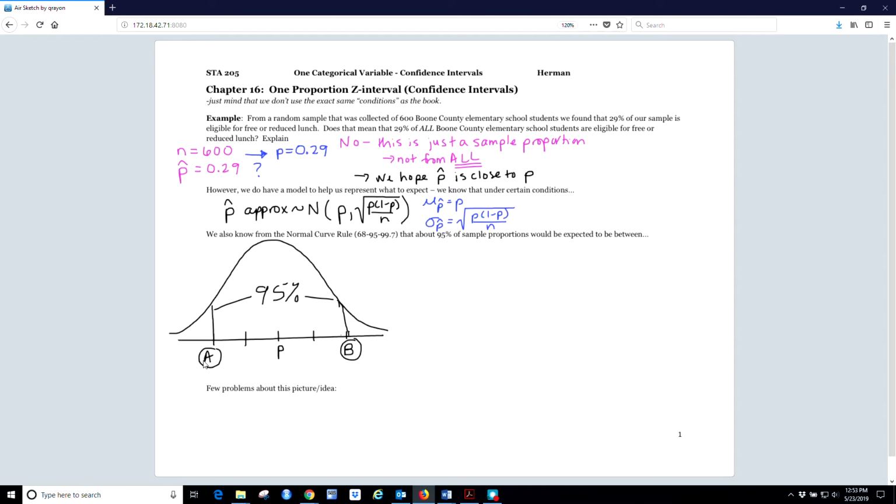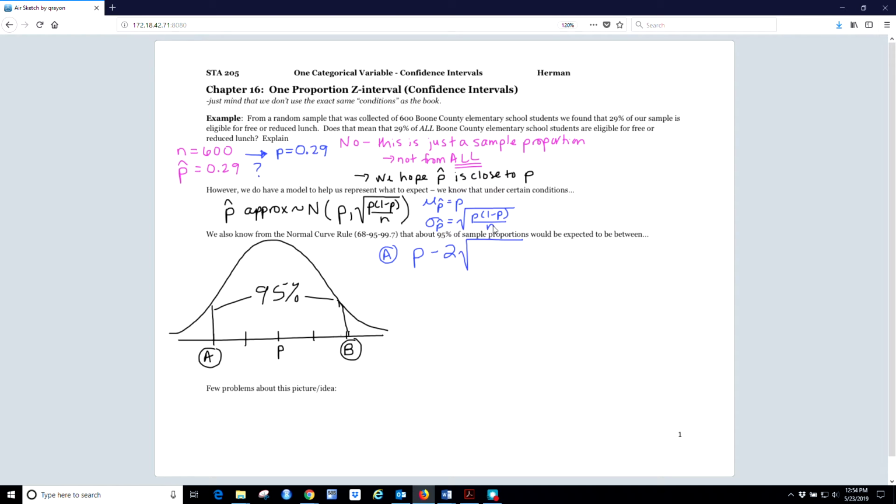Let's think mathematically, how do I get from P to this point A? I'm going to go 2 standard deviations to the left. As soon as I'm going to the left, I'm subtracting off a standard deviation, and another standard deviation. So we're going to subtract off 2 standard deviations from P. Mathematically, we start at P and subtract off 2 standard deviations.